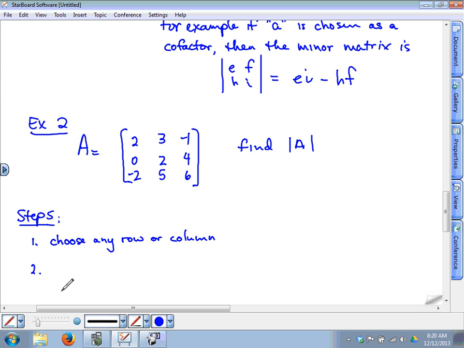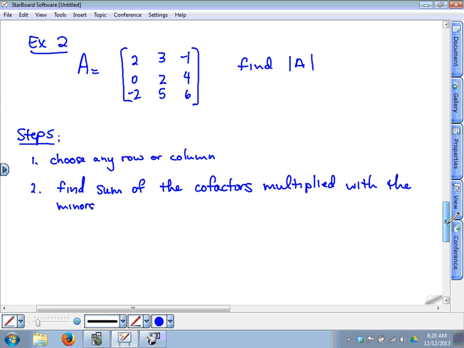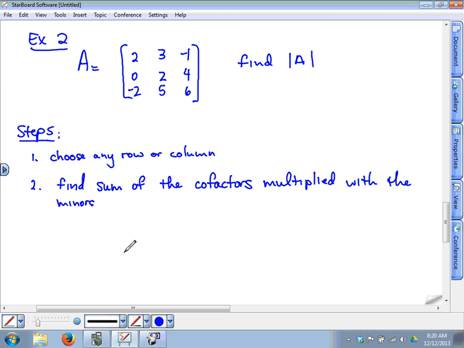Step 2, once you have chosen a row or a column, you need to find the sum of the cofactors multiplied with the minors of that particular row or column.